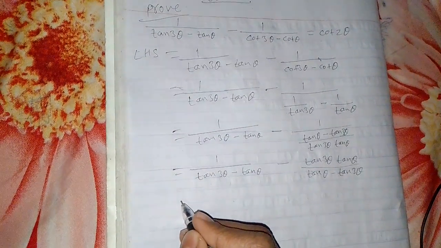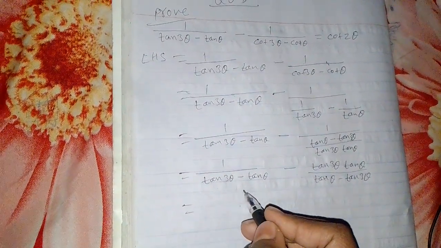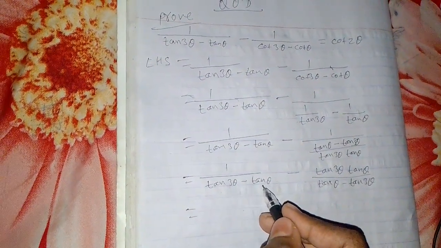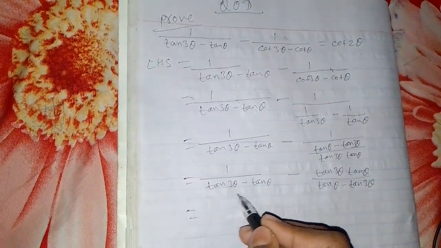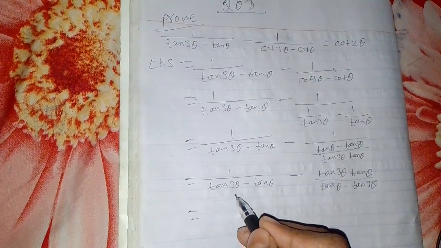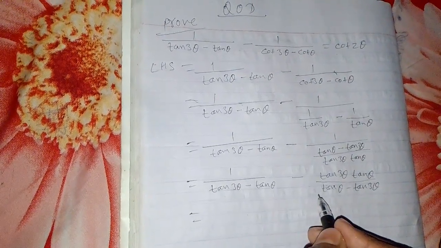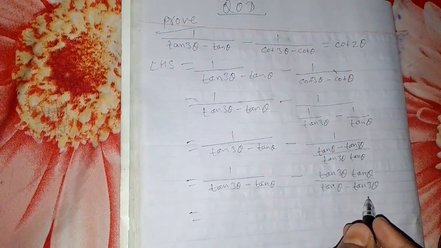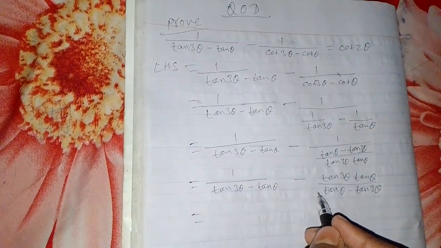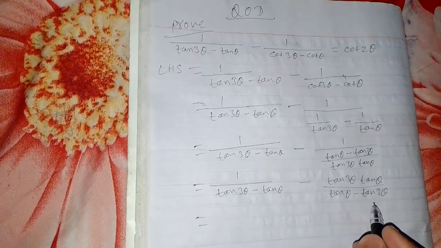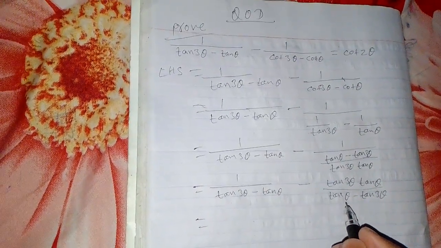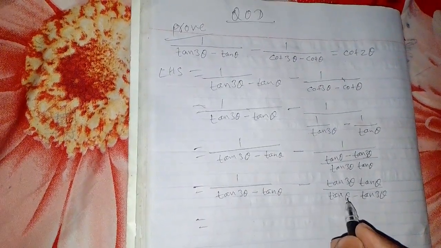Now look, the denominator here is tan 3 theta minus tan theta, but this is actually the switched form of it. This is tan theta minus tan 3 theta. So we're going to take a minus common, a minus 1 factor, so that it becomes tan 3 theta minus tan theta.